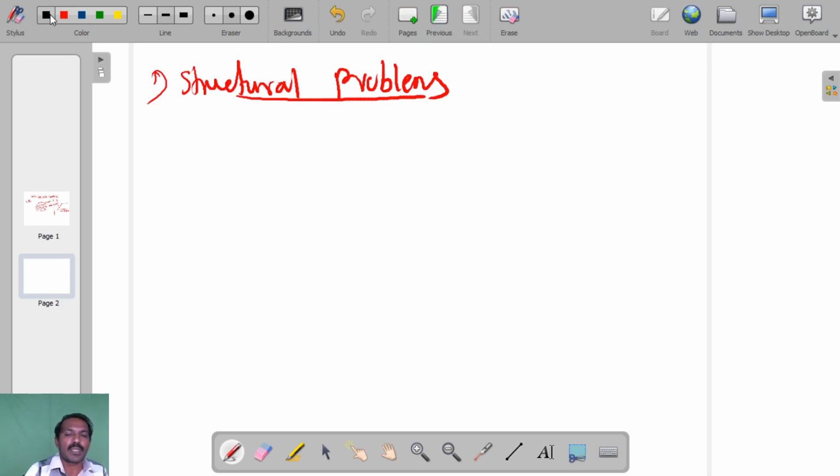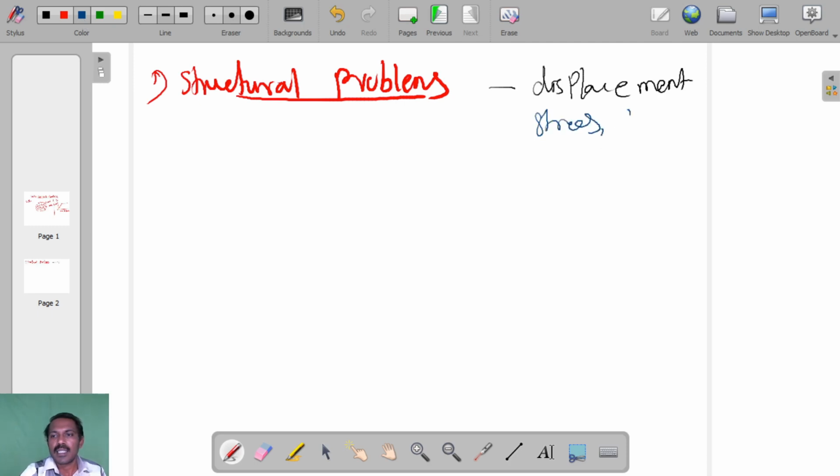Structural problems mean we find the displacement at each nodal point, and from this displacement, quantities like stress and strain can be calculated.